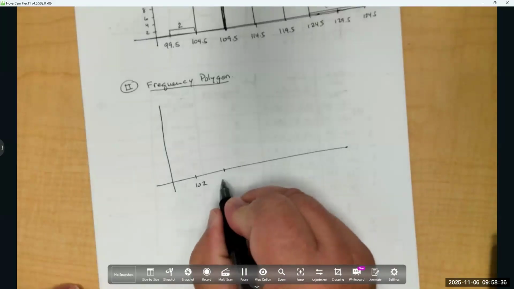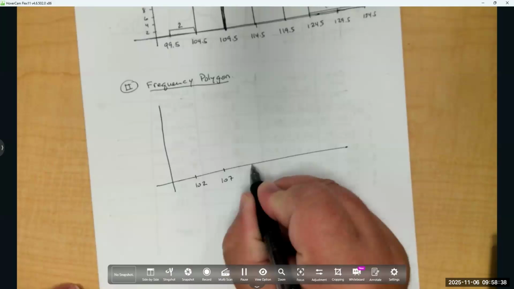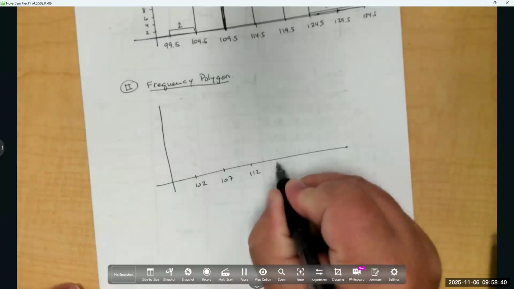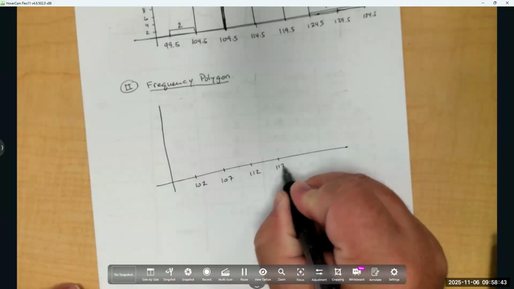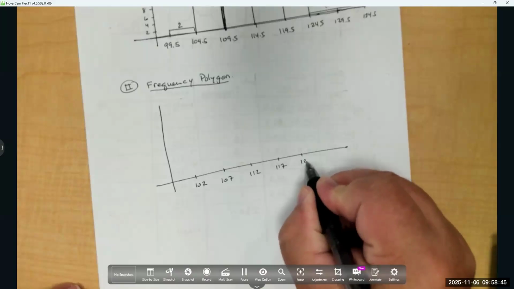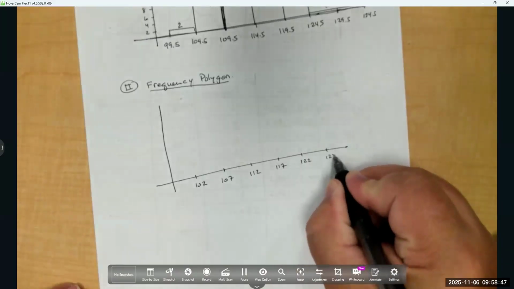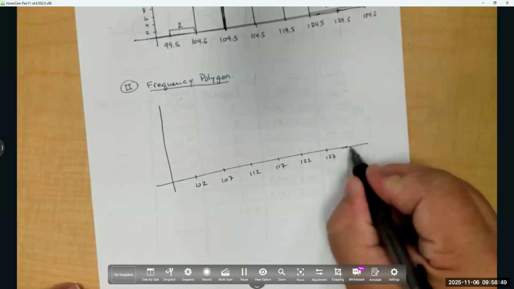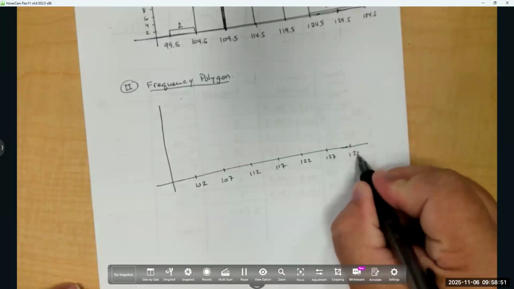Then it was 107, 112, 117, 122, 127, 132.